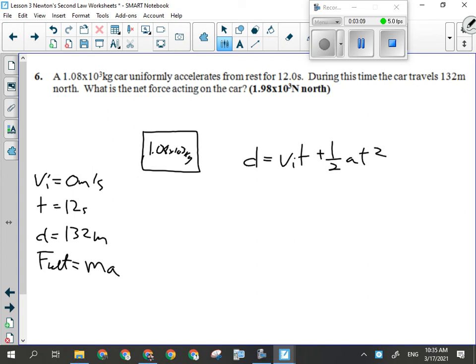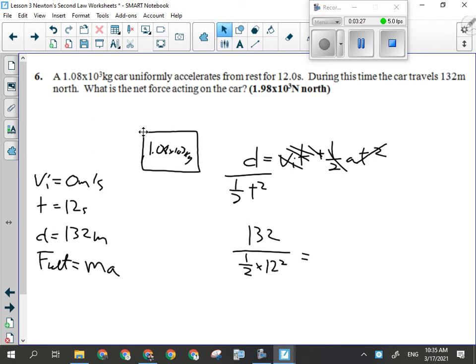Because VI is 0, I can cancel this part off, and I just need to manipulate for A. So I'm going to divide both sides by half of T squared. That'll leave me with A, so we'll have 132 divided by 1/2 times 12 squared.